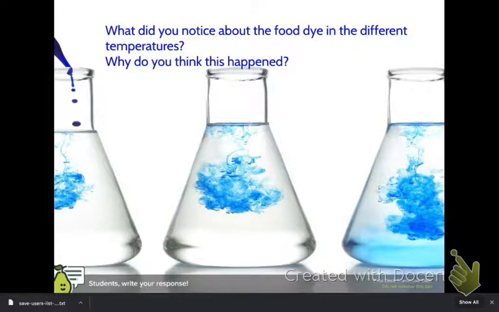So we're having a liquid diffuse through another liquid. When the temperature was low, we had a low amount of kinetic energy, which means the particles are moving slowly. At room temperature, they were moving a little more quickly, and as we increase the temperature of the water, the particles move more quickly, and so the diffusion happened more quickly. That's something you should have noticed in that opener.